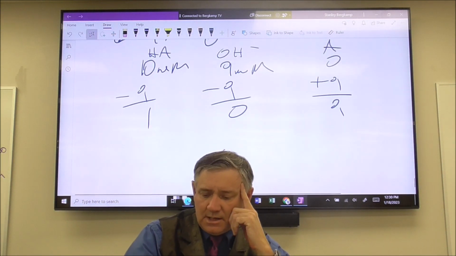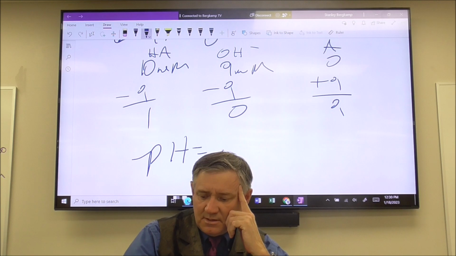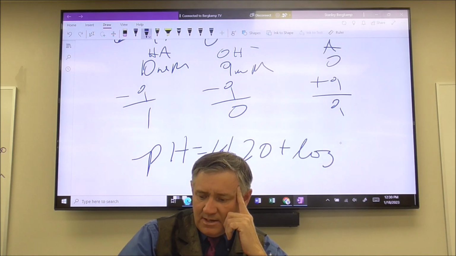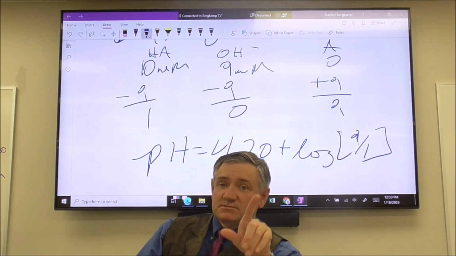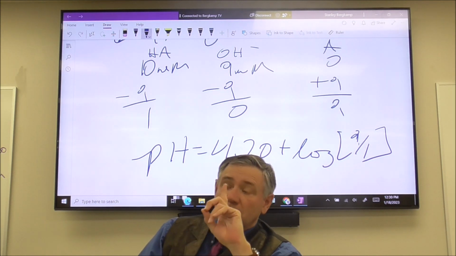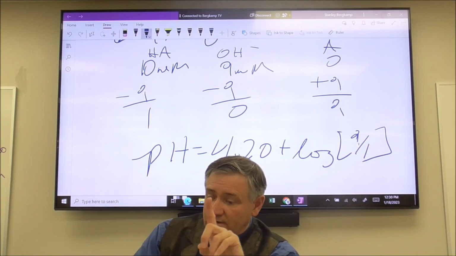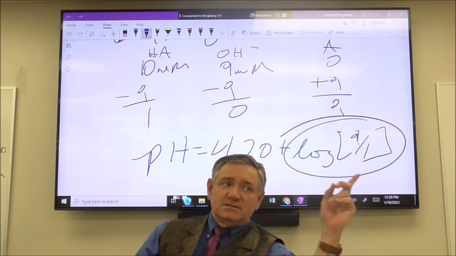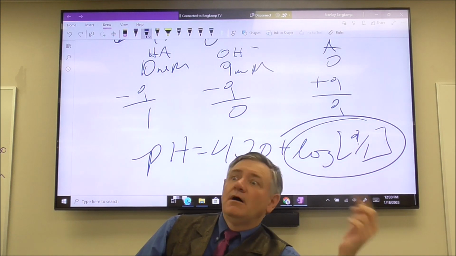So now I'm going to have the pH of 4.20 plus the log of my anion concentration of 9 divided by 1. Here's what I want you to look at. I'm taking the log of a value bigger than 1. So is this term positive or negative? Positive.